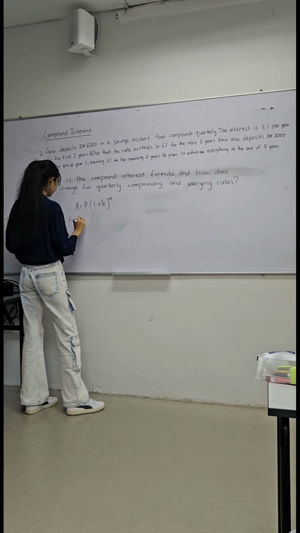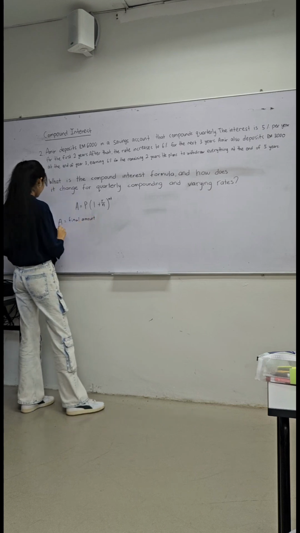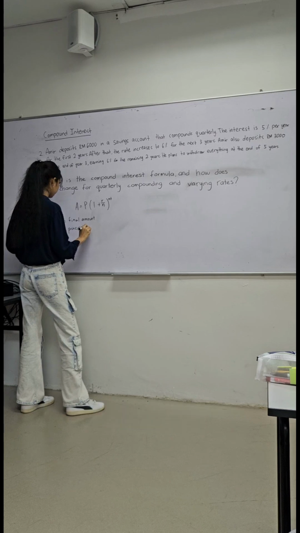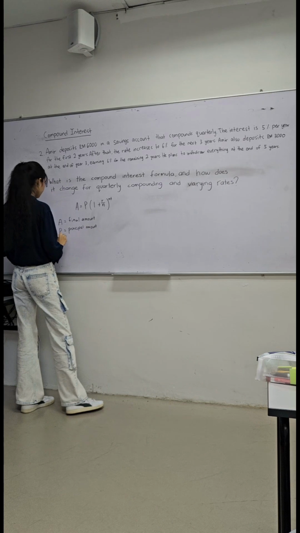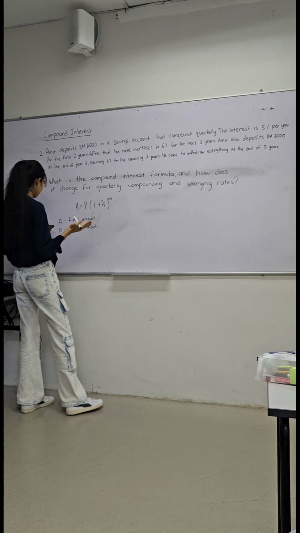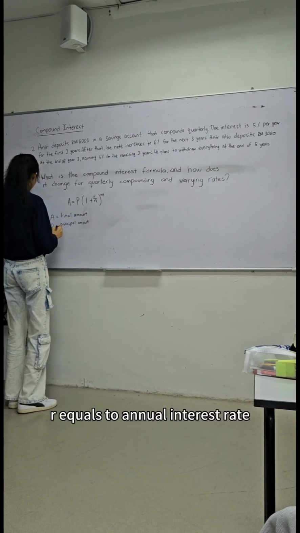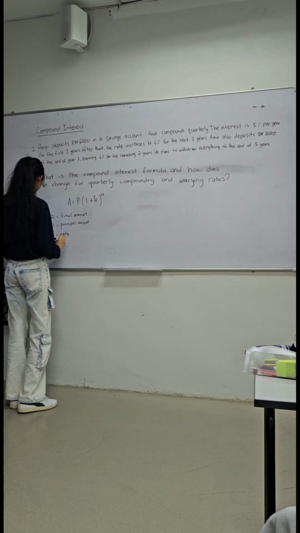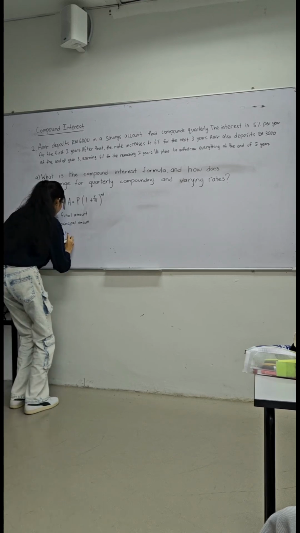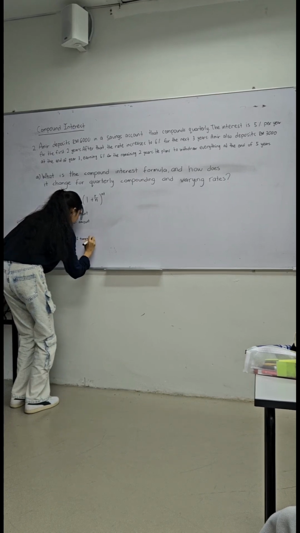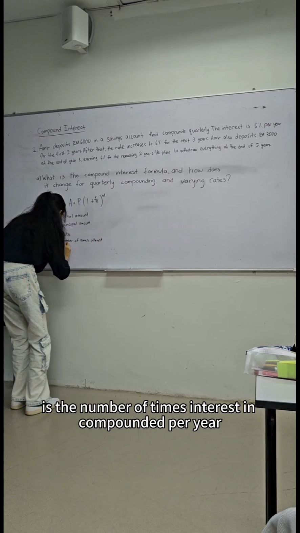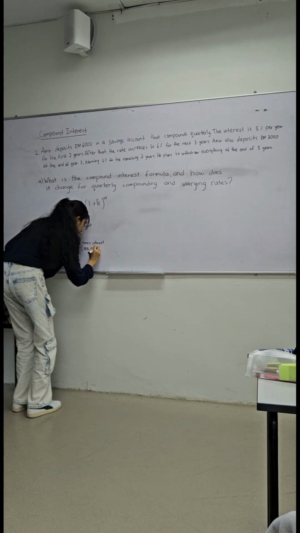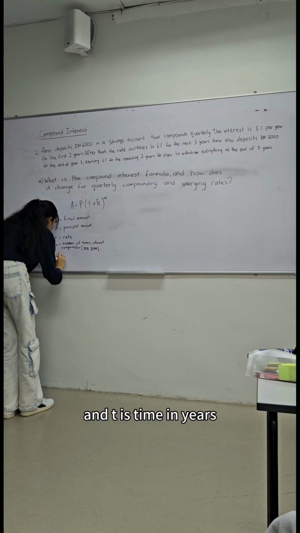where A equals the final amount, P equals the principal amount, the starting deposit, R equals the annual interest rate, which is in decimal form, N is the number of times interest is compounded per year, and T is time in years.